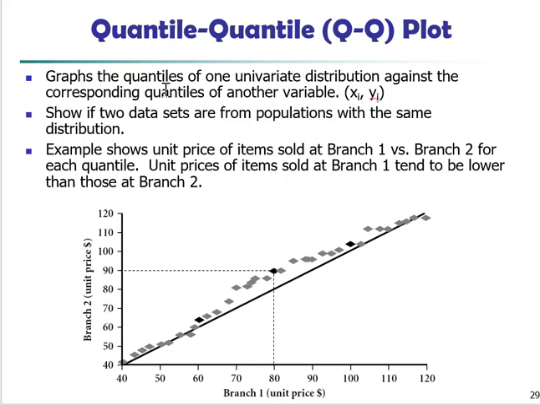So if you have two univariate distributions, think about here we have unit prices from one branch of a store, and the unit prices of all items, assuming they sell the same set of items, in another branch.